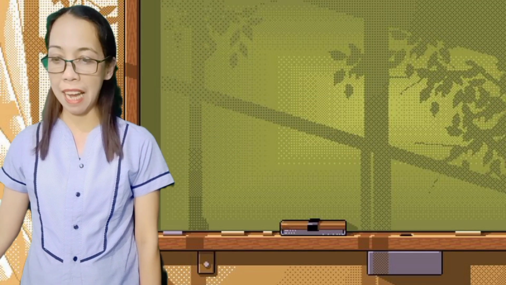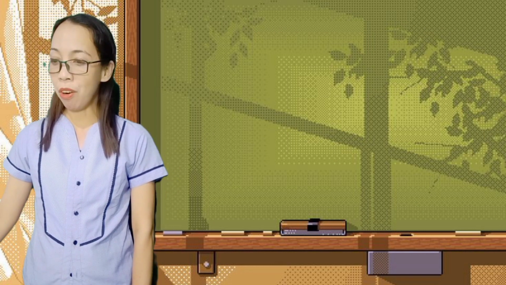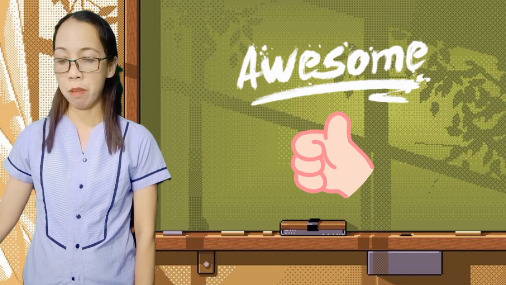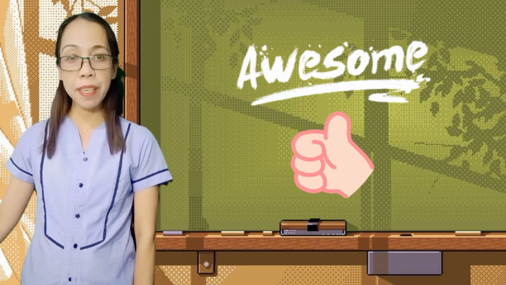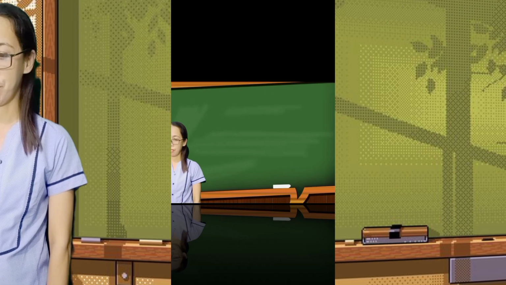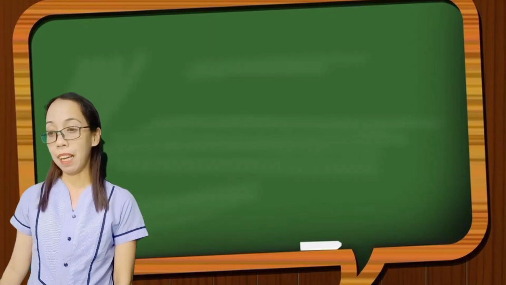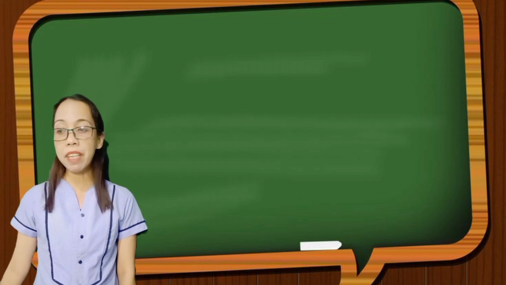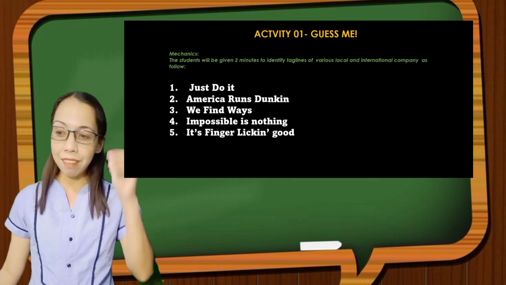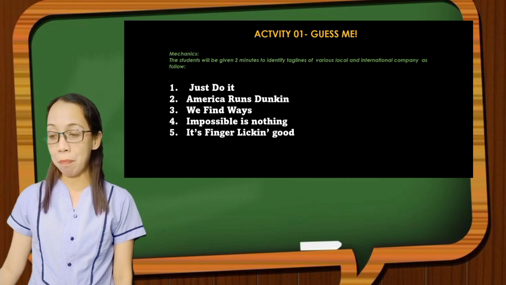So very good, class. If you got 5 correct answers, you are all good in our review on the past lessons. I will get your scores later after this session. Okay, for your first activity, let us engage. I will have here some company taglines, and you will guess what those companies are.